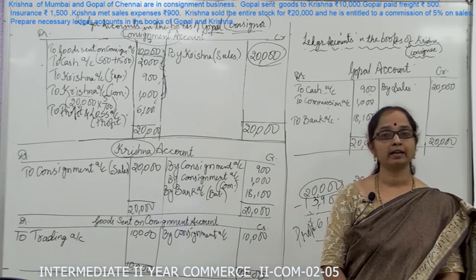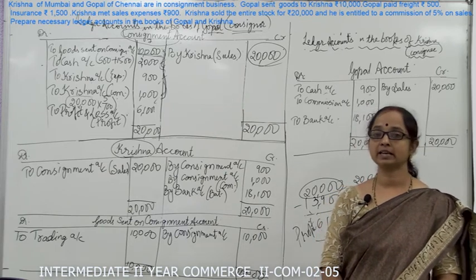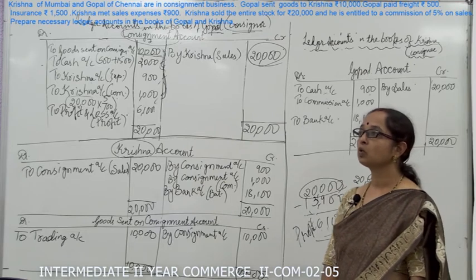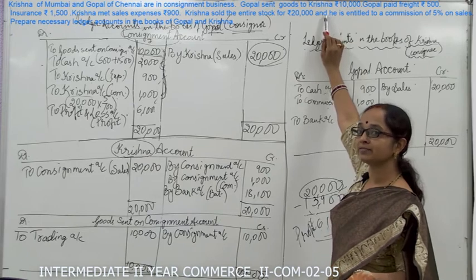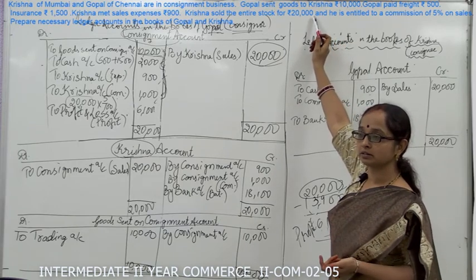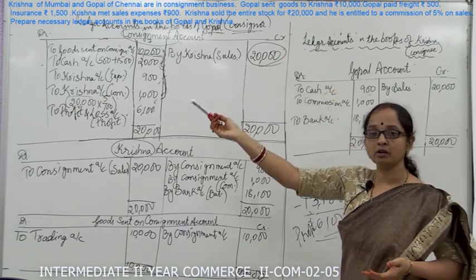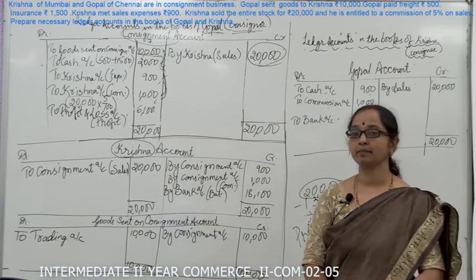Write two of your friends' names, or yourself and a friend's name, and then what you have to do is, Gopal sent goods to Krishna, 10,000 is given now. There you take it as 5,000, or you can take it as 20,000. Okay. Now double the amount or half the amount and just prepare in the same manner.